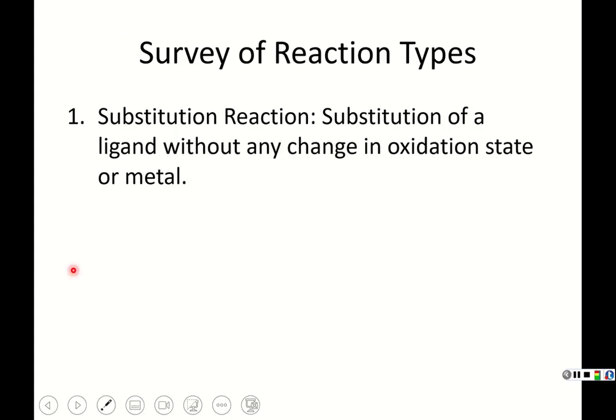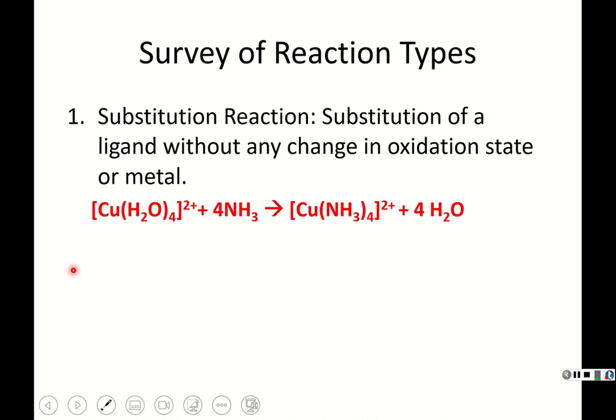Okay. First, we'll do a survey of some reaction types. So, first reaction type we'll talk about is substitution reactions. This is where you get a substitution of a ligand without any change in the oxidation state of the metal or without any change of the metal itself.